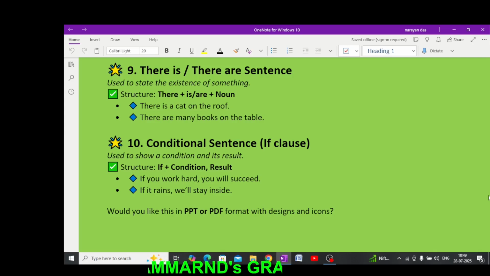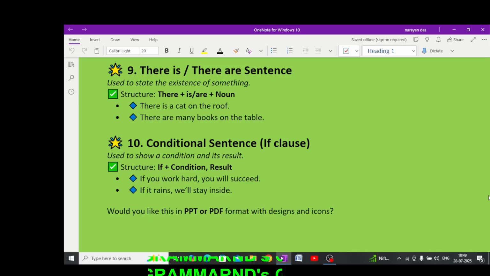The conditional sentence structure is used to show a condition and its result. In this structure, one sentence is the conditional sentence and another is the result sentence. The conditional sentence begins with a condition word: if, as if, as though. Normally if. For lower classes I have given if.